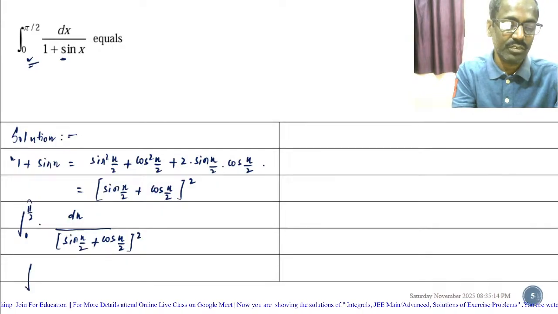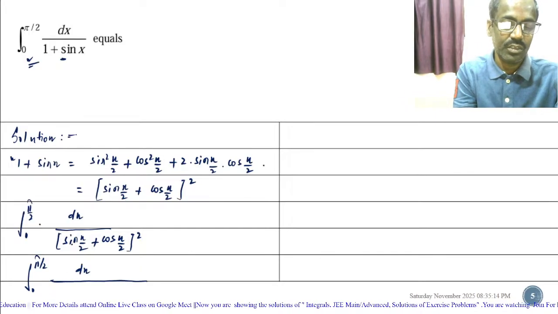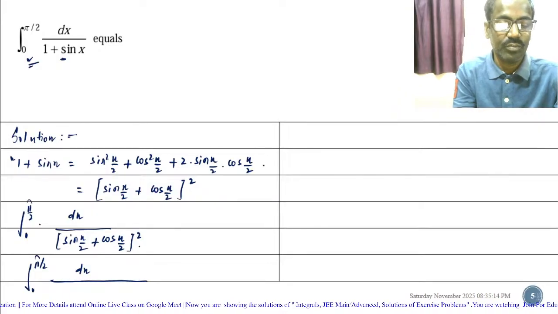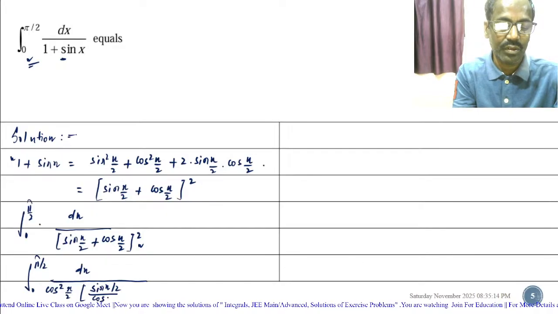Then the next step is the integral from 0 to pi by 2 of dx, and when we divide each term by cos x by 2, we write cos square x by 2, multiplied by cos square x by 2 and divided by cos square x by 2, then we get sin x by 2 by cos x by 2 plus cos x by 2 by cos x by 2 equal to 1.